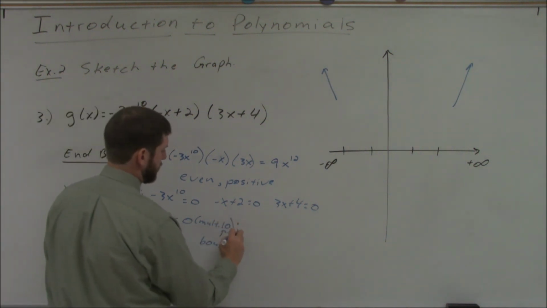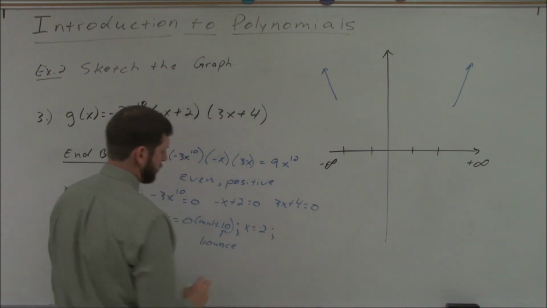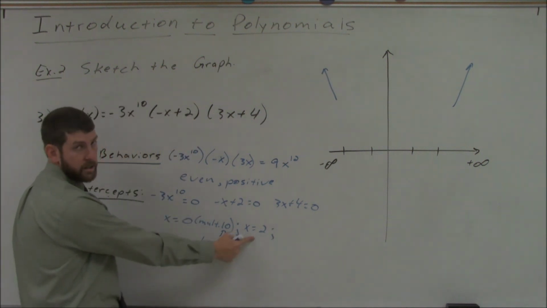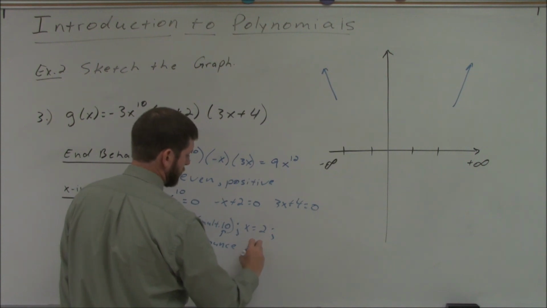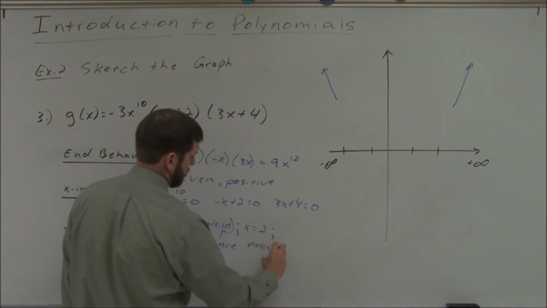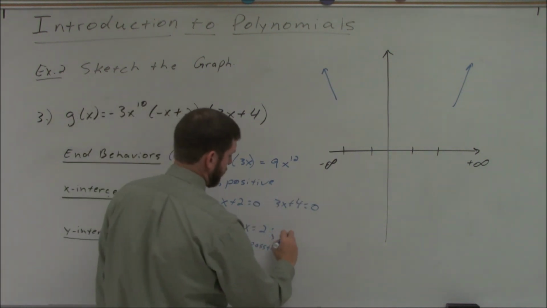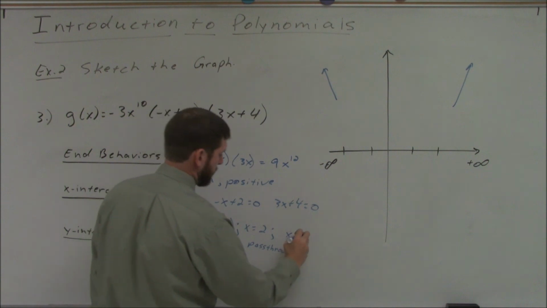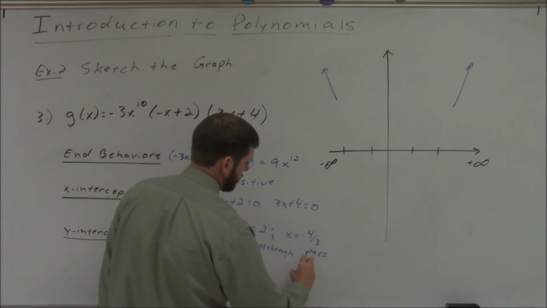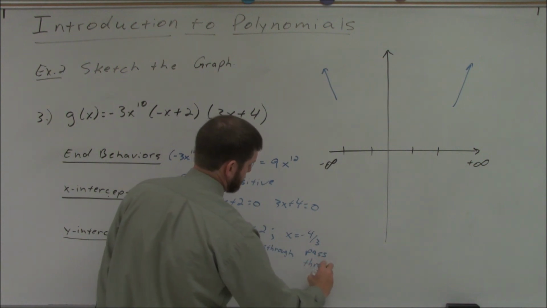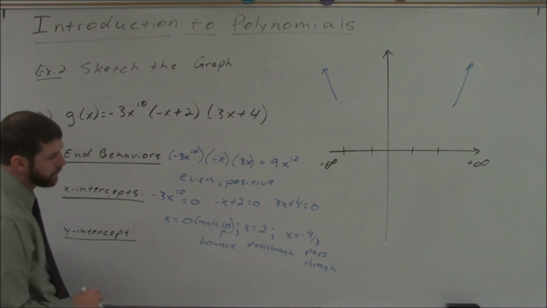Here, for the second one, add your x over, so x equals 2. X equals 2 is 1 time, so that's a pass-through point. And then 3x plus 4, x is equal to, subtract the 4, divide by 3, negative 4/3. That's also going to be a pass-through point, because that negative 4/3 only occurs 1 time.